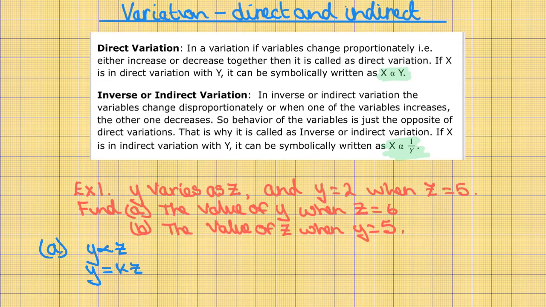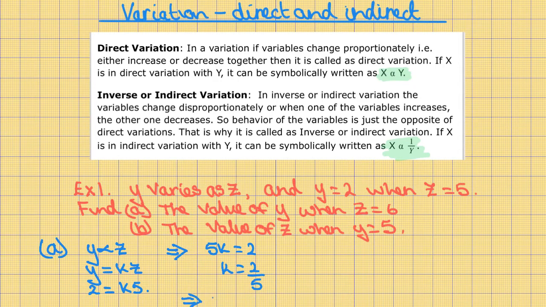We can now substitute in. We know that y is 2 when z is 5. Therefore, 5k equals 2, so k equals 2 over 5.